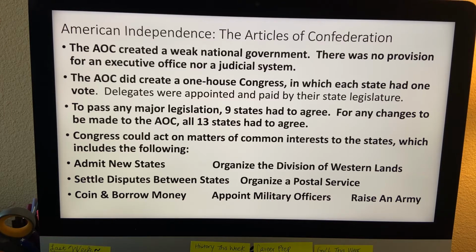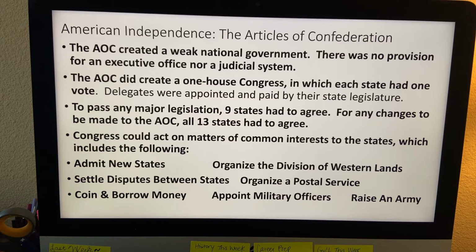Every state has one vote. And to pass legislation, 9 states have to agree. And to make changes to the articles, all 13 states have to agree. And all of that sounds great, but we're going to see that that's going to be an issue.